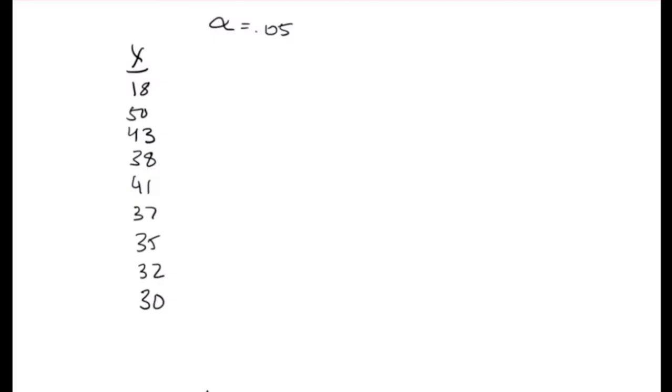Before we dive into any calculations, though, I need to figure out what my critical boundary is going to be. What is the area where I'm going to either reject or fail to reject the null hypothesis? My alpha is set at 0.05, and it's going to be a two-tailed test, which means I'm going to have 0.025 in each tail. If I look up the z-score associated with 0.025 in the tail, it's 1.96.